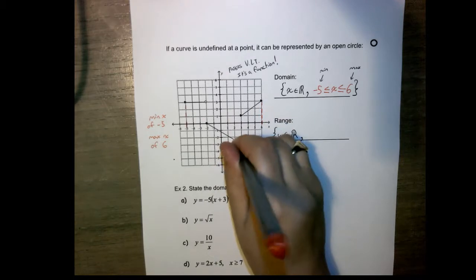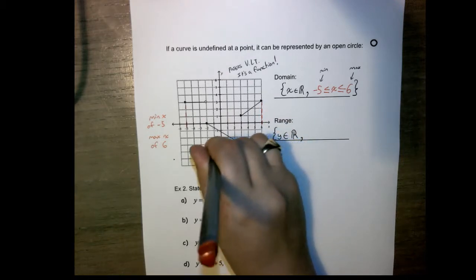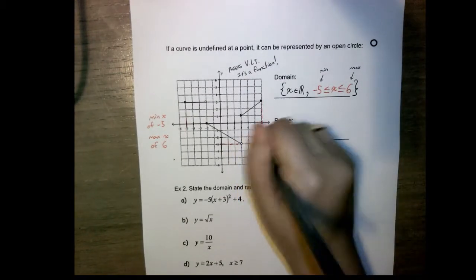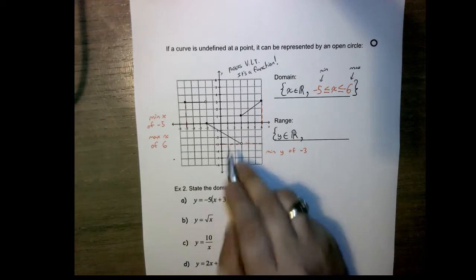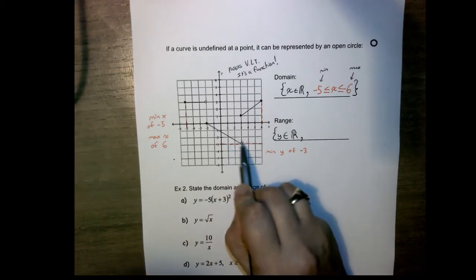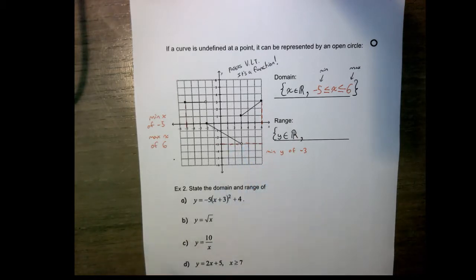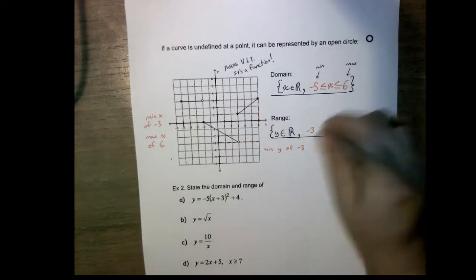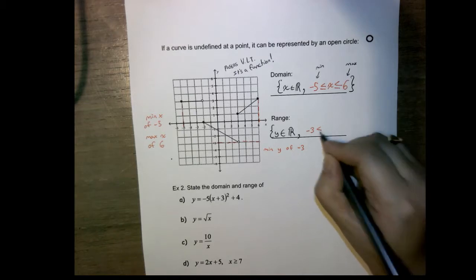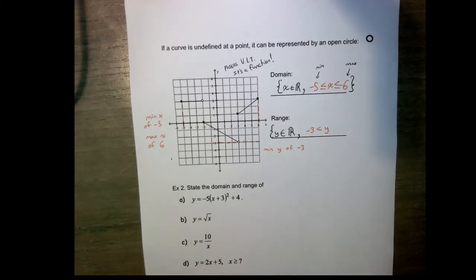And what I'm going to do is look over here and see that I have a minimum y of -3. And here, if you notice, at this minimum, y doesn't actually exist, right? So if I'm writing it out, I have -3 is less than, but not equal to y, right?